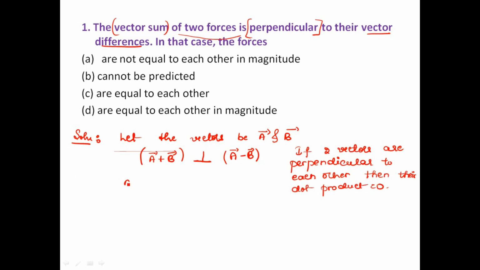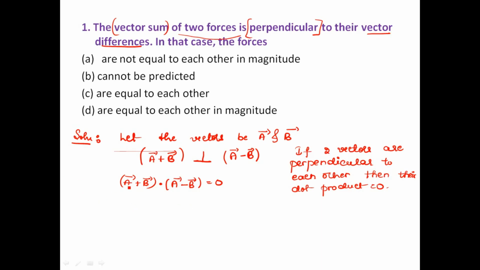I'll write vector A plus vector B dot vector A minus vector B is equal to 0. I have taken the dot product of the two vectors to be 0.